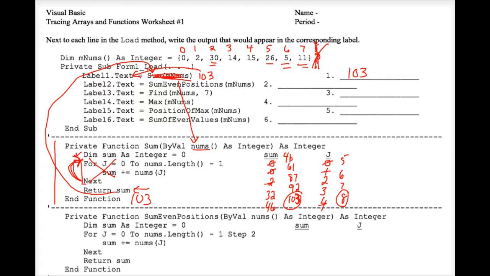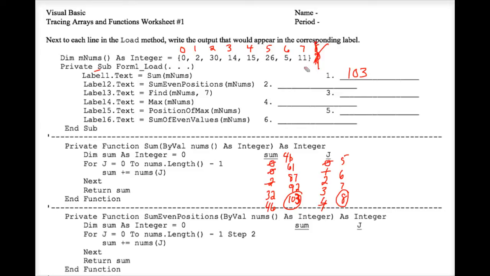Okay, so in the end here, exercise 1, after it's all said and done, we have a reusable function, sum, that adds up all the numbers in this array. And that's a handy thing to have.